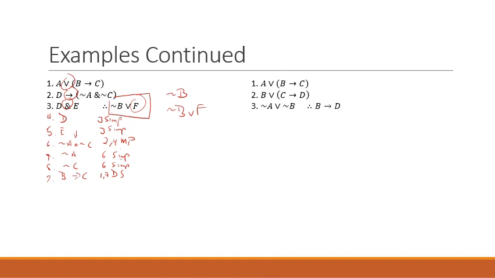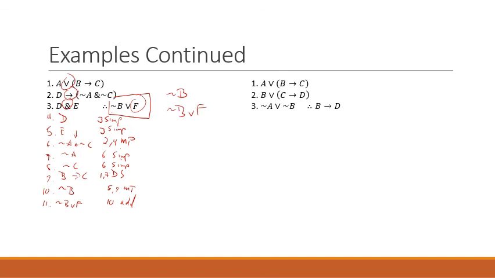And from that, now I have B arrow C. I can use this not C in line 8 to get not B using the modus tollens pattern. So we have 8 and 9 modus tollens. And now we're at that last step. I have not B, so I'm going to add F. So not B is line 10. I'm going to add F to it, and that is the conclusion.